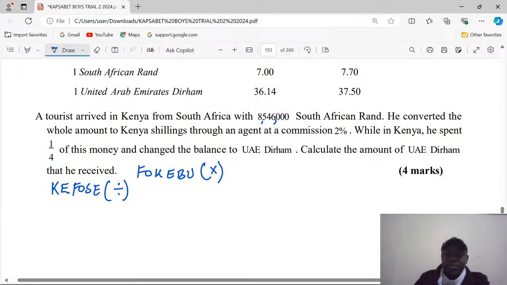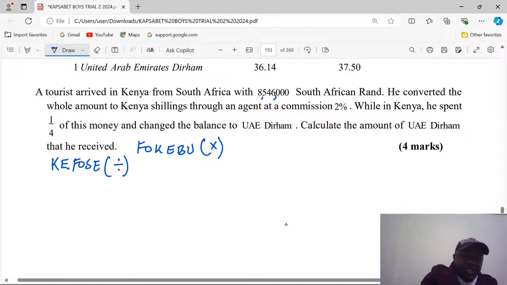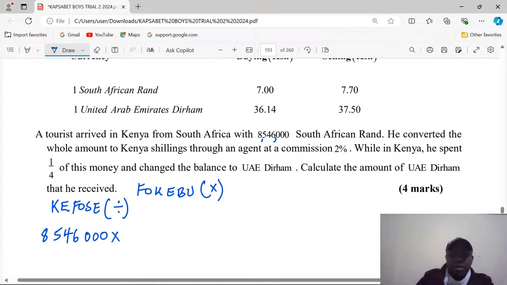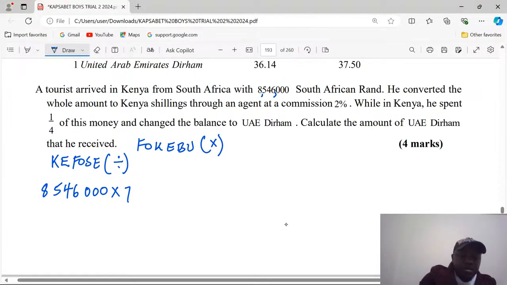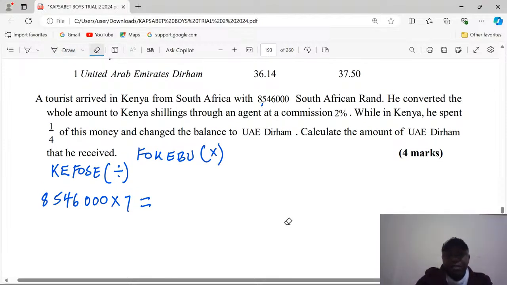So we will take 8,546,000. Then we multiply by the amount in the buying column, for South African rand, that is 7.00. So we are just multiplying this amount by 7.